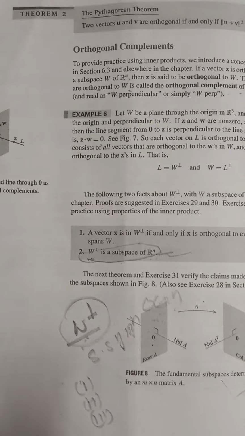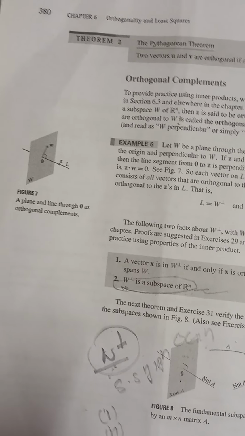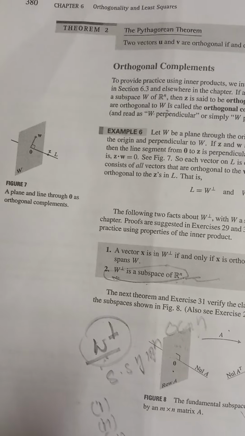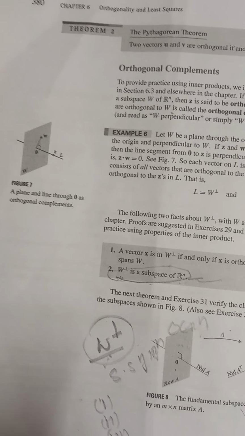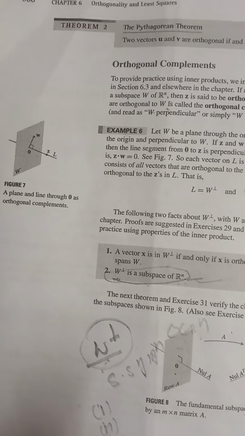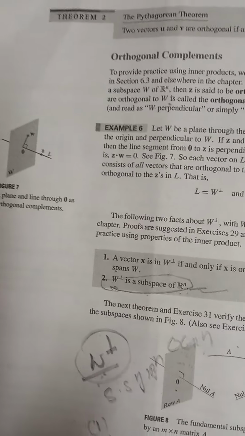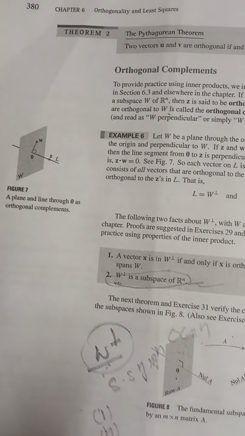What is the definition of W complement? We have to collect those vectors from R power n which are orthogonal to every vector in W, right? Here, since 0 is a vector in R power n which is orthogonal to every vector in W, therefore 0 belongs to W complement, right?